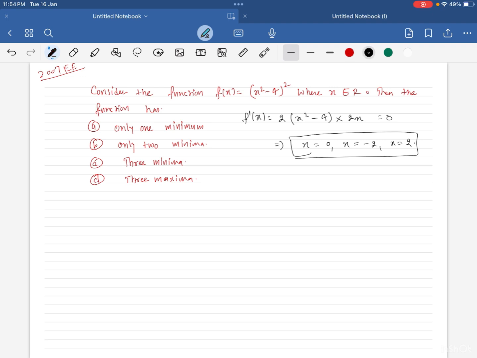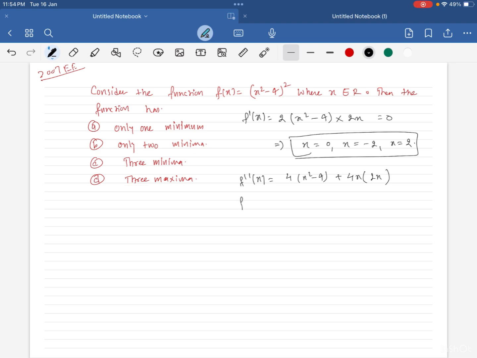So the double derivative would be 4 into x square minus 4 plus 4x into 2x, right?